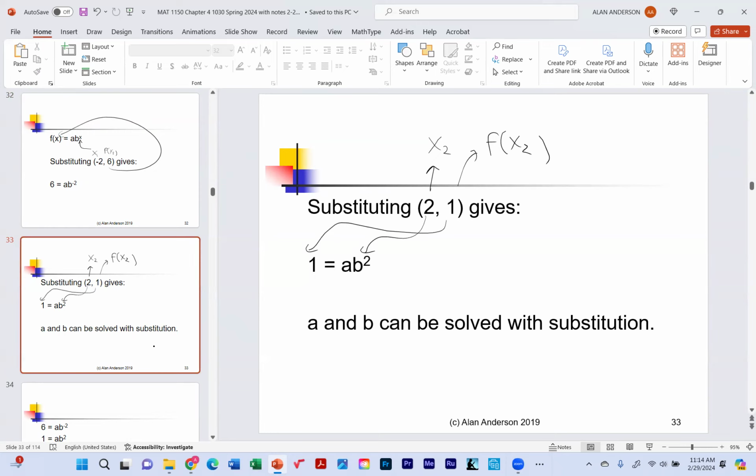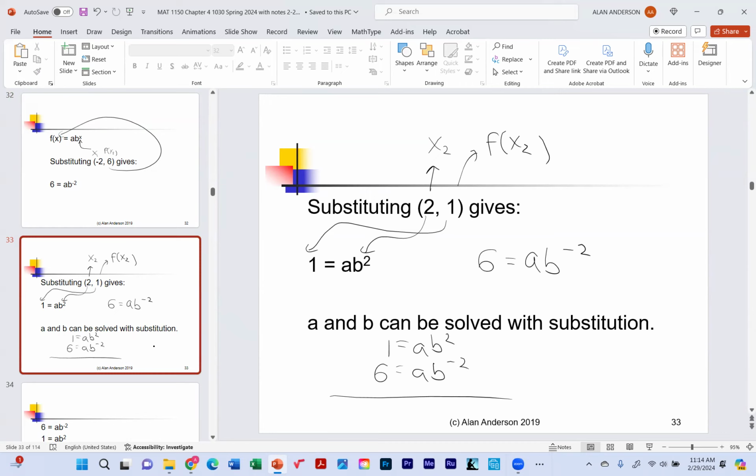And now we've got 1 equals ab squared. Plus we already determined that 6 equals ab to the -2. So we've got 2 equations and 2 unknowns. But they're not linear functions, so some of the techniques you've learned about solving simultaneous equations are not going to work here.